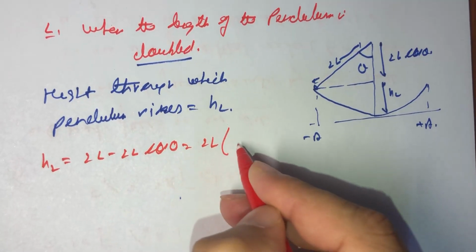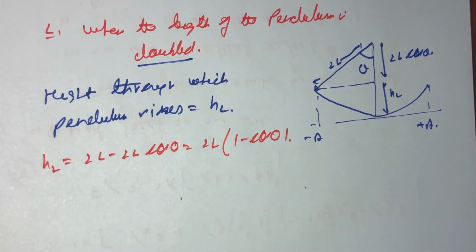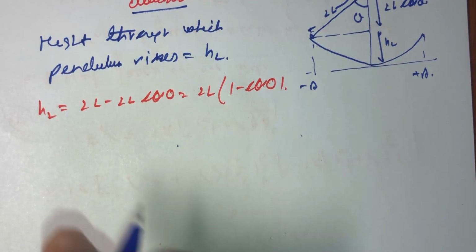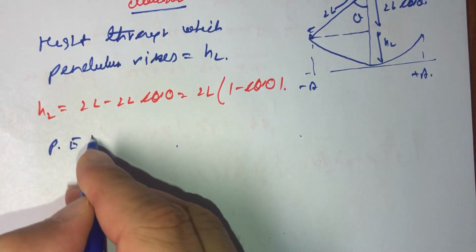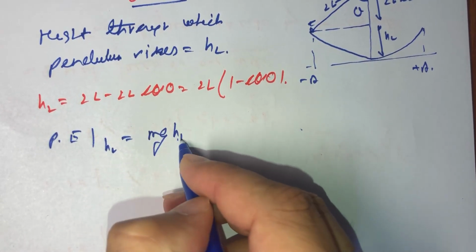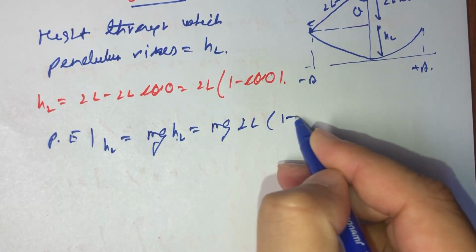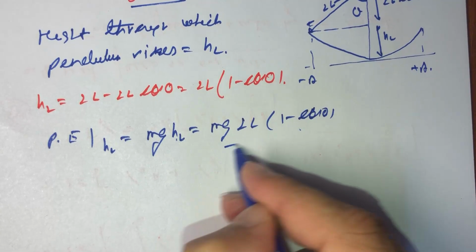Taking 2L as common, 2L(1 minus cos theta). So potential energy at h2 will be equal to mgh2, and this will be equal to mg 2L(1 minus cos theta).